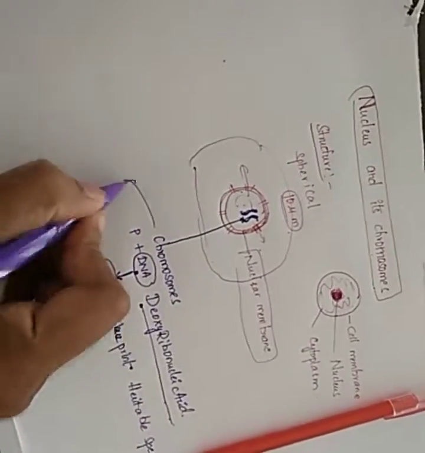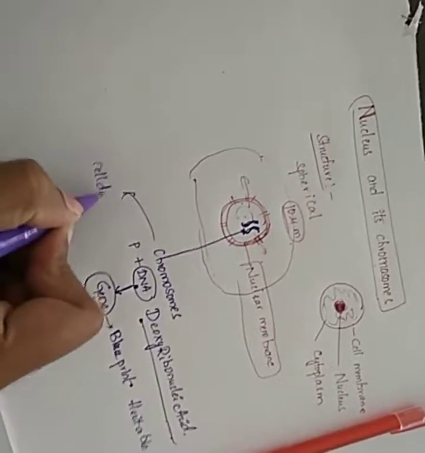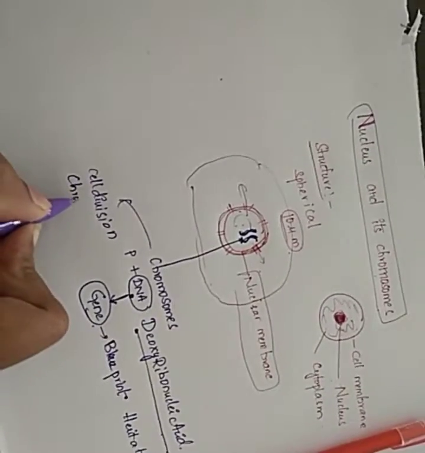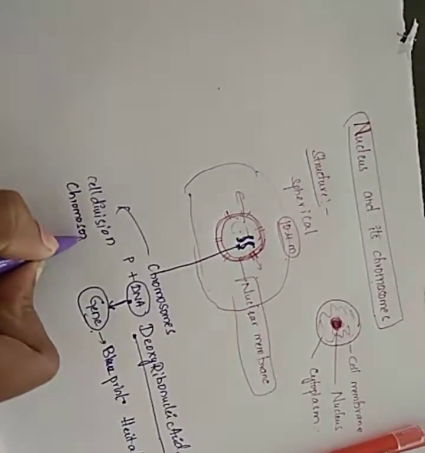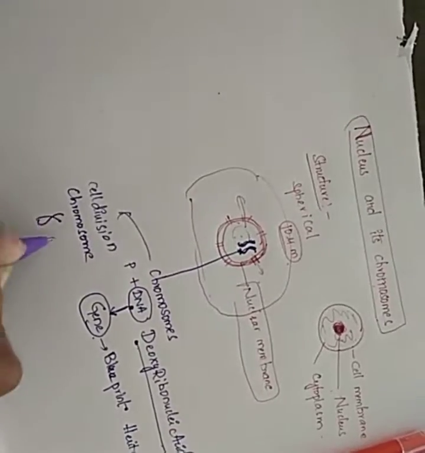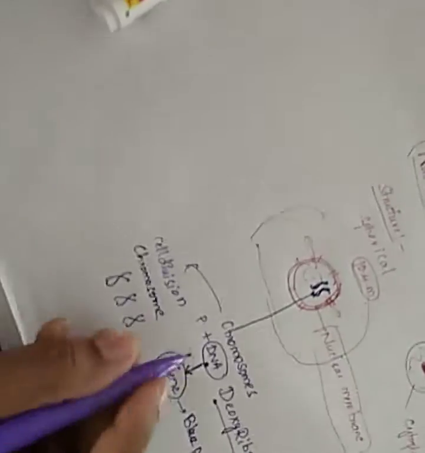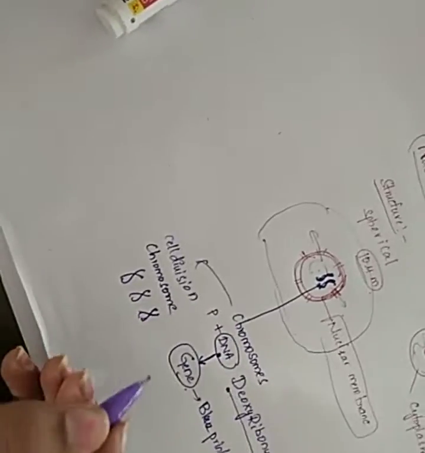During cell division, these chromosomes are clearly visible as chromosomal pairs, one pair at a time.